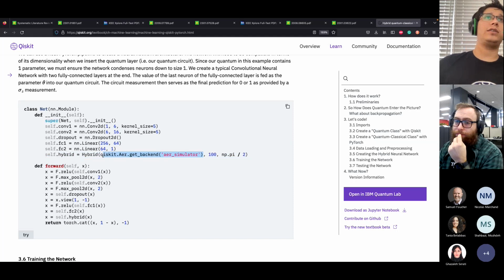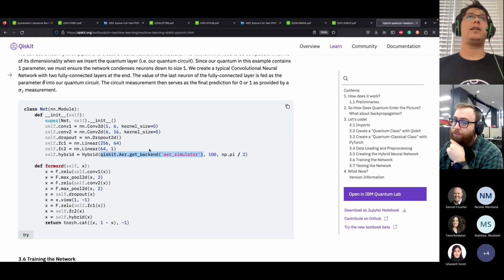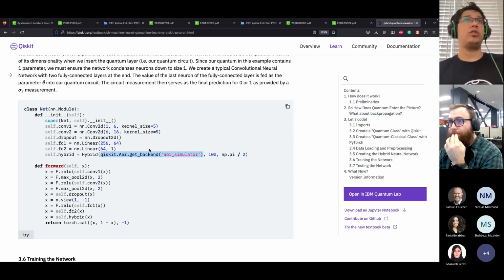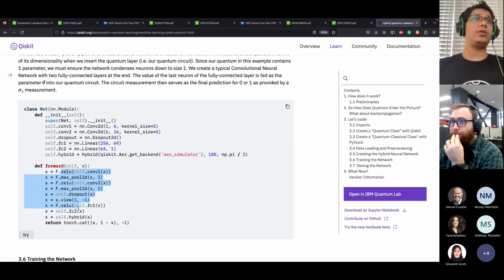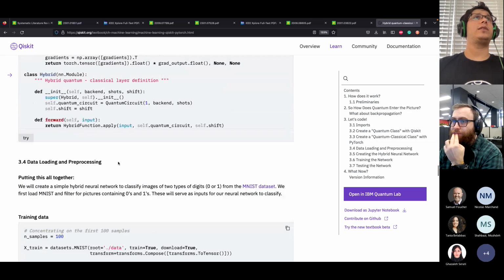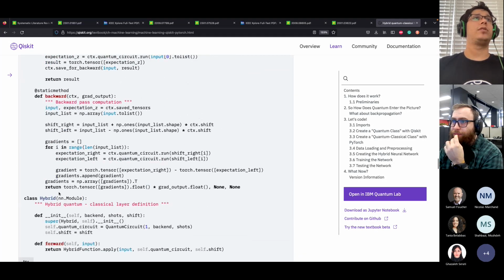This thing here is either the simulator or the real quantum computer you'll be using. On the forward pass, you do it as you would in PyTorch, and you call this quantum layer, this hybrid layer, as you would call a layer from PyTorch. So it's pretty simple once you build this hybrid layer that is built here on top. This one.